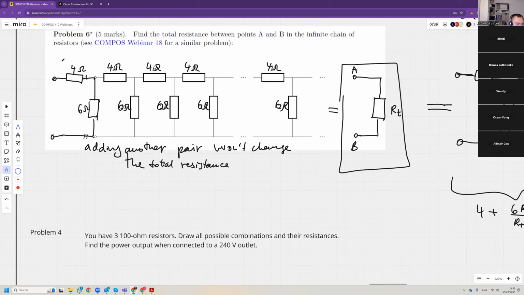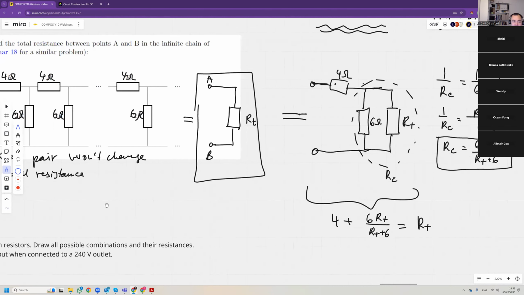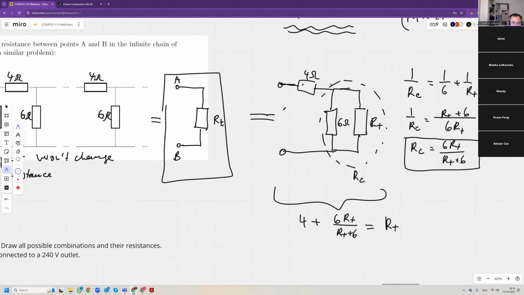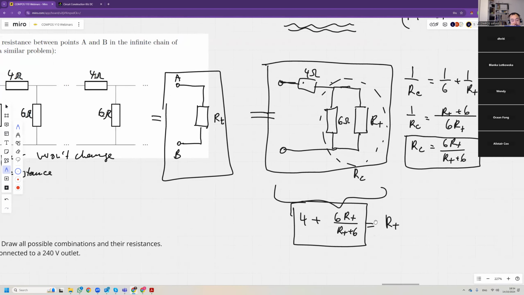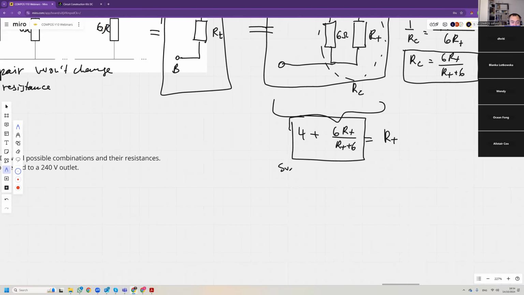Then you realize that adding another pair on the left won't change anything because it's an infinite chain. That means that this combination is equivalent to this combination. So we find the total resistance of this combination, and it's 4 plus 6RT over RT plus 6. And the resistance of this is just RT. And we make them equal. Now we have an equation, and we need to solve for RT.